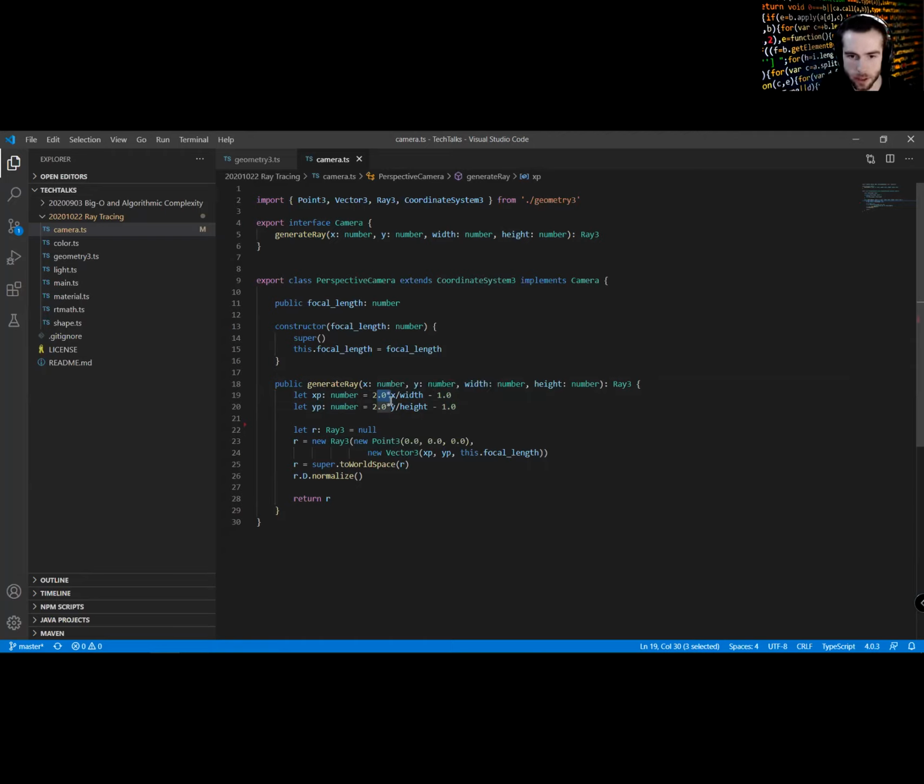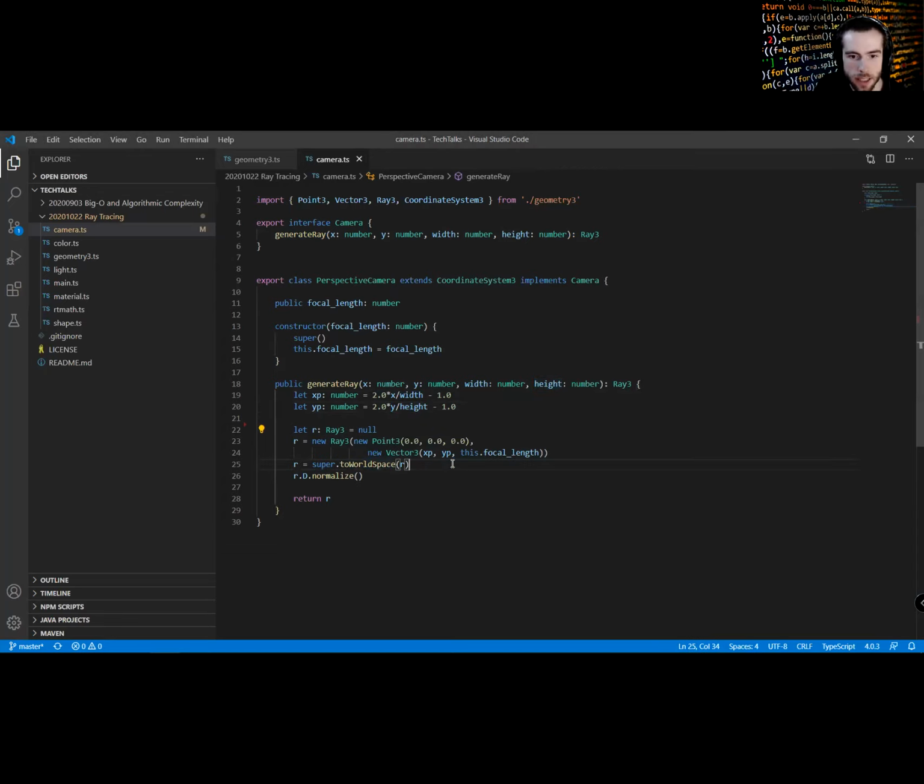Right, because if it was 0, 0, it would be mapped to -1, -1. And then say if it was a 300 by 300 image, 300, 300 would map to +1, +1. Because 300 divided by 300 is 1, 2 times that minus 1 would still be 1. So it just puts the entire image between -1, -1, and +1, +1.